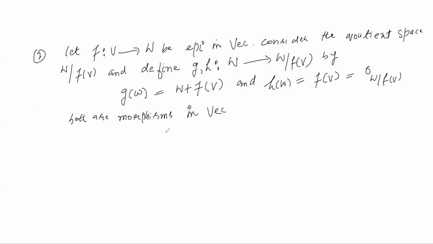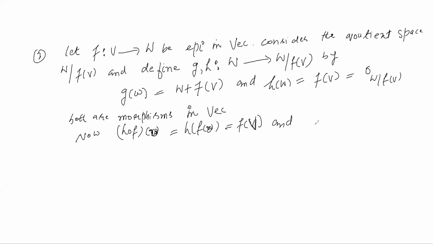Now, h composition f of any v is h of f of v. Now how do we define h? We define it as the zero map, so it is f(V). Here this V is capital V, and here it is a vector, small v, so don't confuse it.